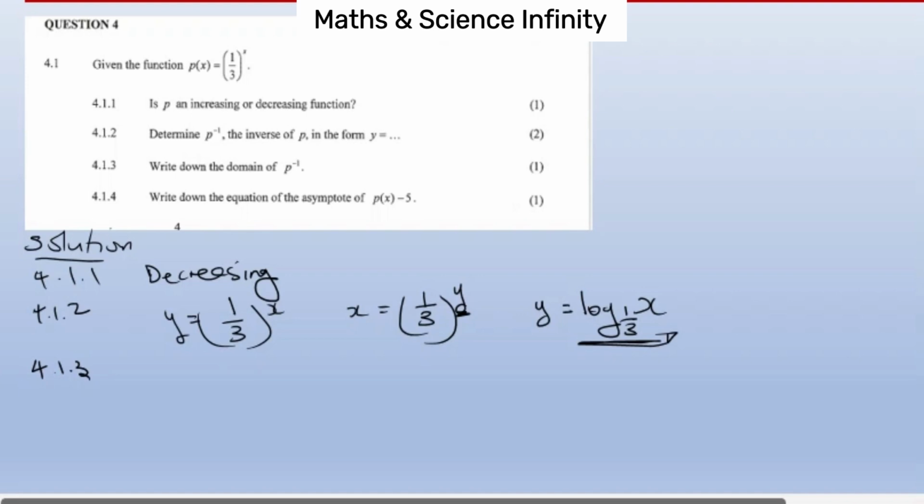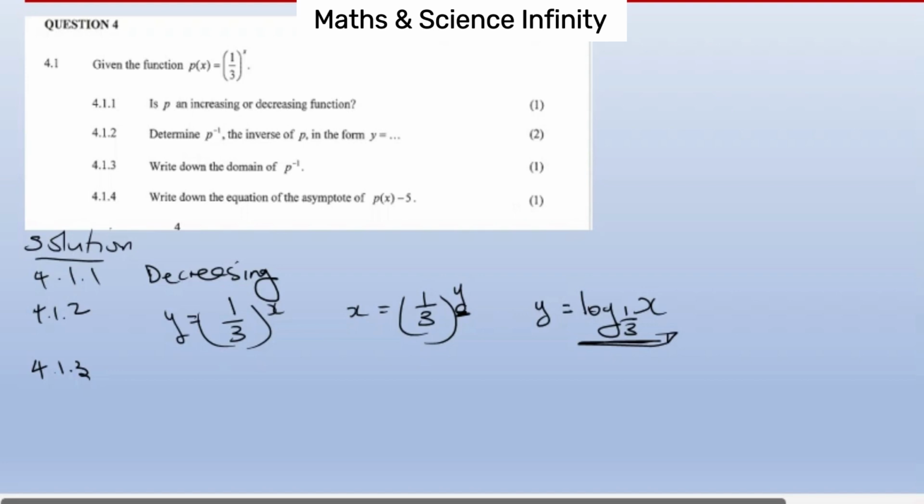All right, let's quickly write the domain and the range for the original function, which is p of x is equal to 1 over 3 to the power x.